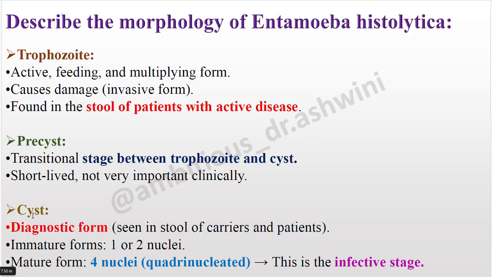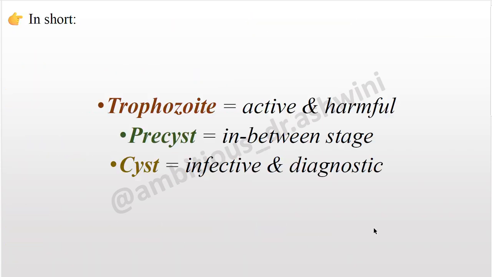Cysts: it is a diagnostic form seen in the stool of carriers and patients. Immature form has 1 or 2 nuclei, mature form has 4 nuclei, that is quadrinucleated. This is the infective stage. So in short, the morphology is trophozoite, active and harmful; precyst, in-between stage; cyst, infective and diagnostic.